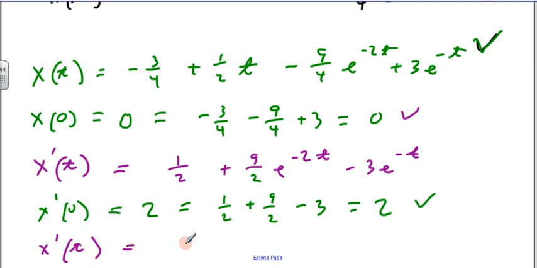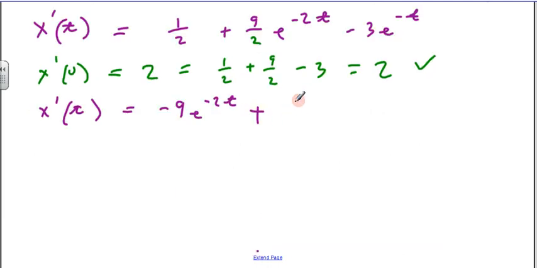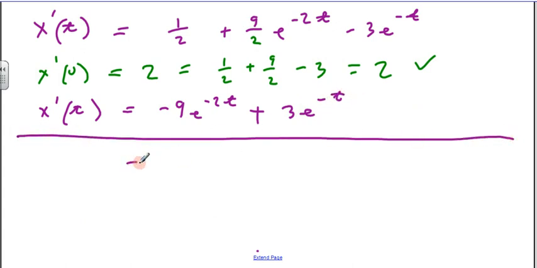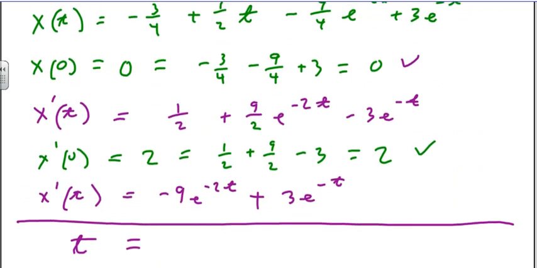Now we need x double prime of t. And that is going to be minus 9 e to the minus 2t plus 3 e to the minus t. Okay, and when we got done, we want this equal to t. And we want 2 of them, we want 3 of them, and we want 1 of this guy.